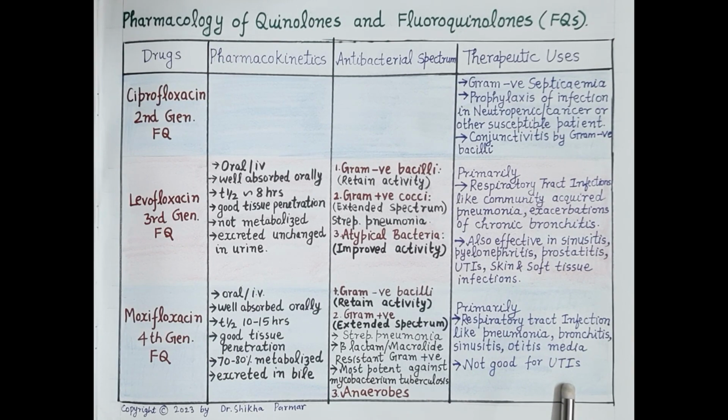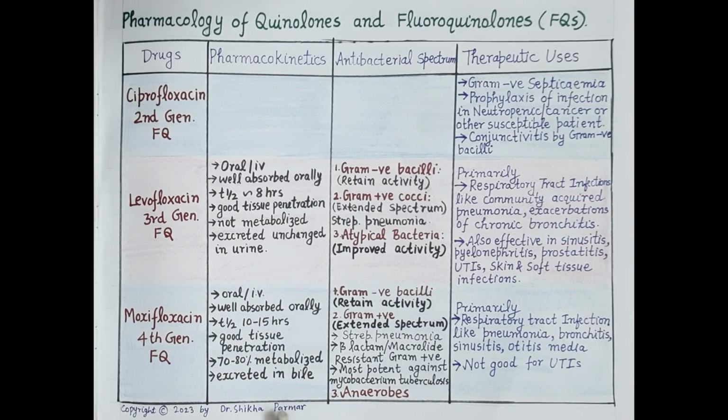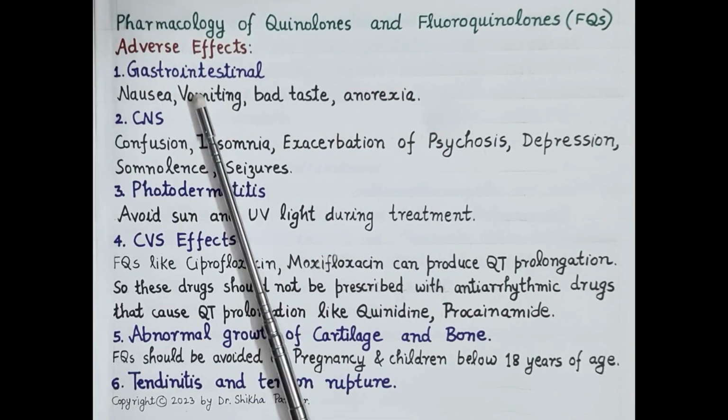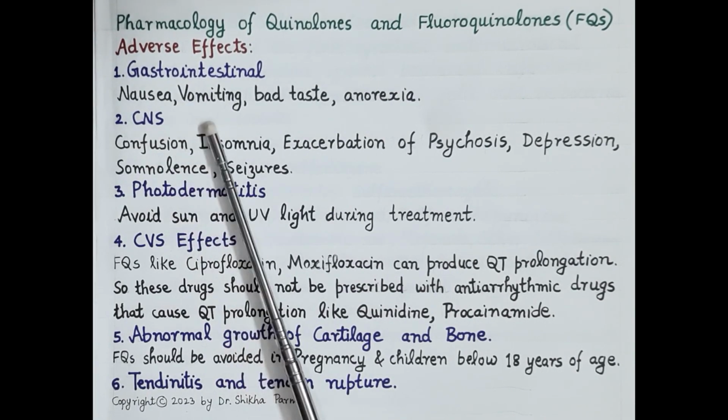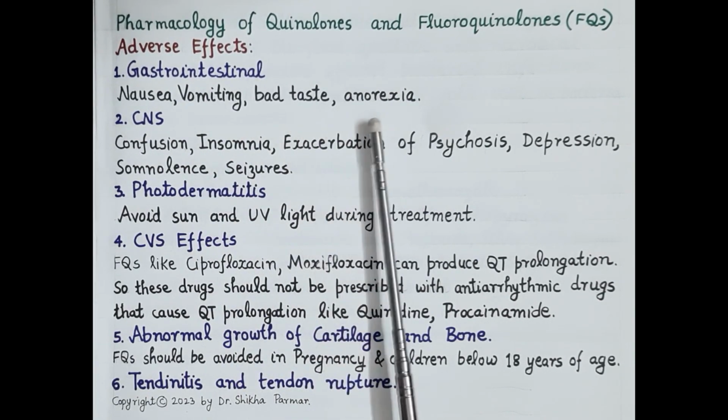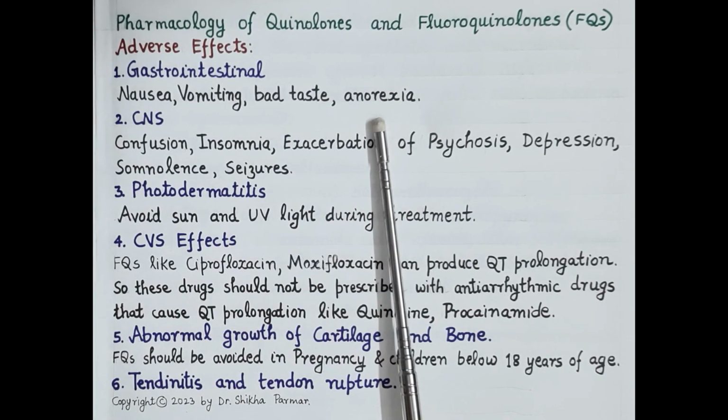So, after discussing the classification, mechanism of action, then antibacterial spectrum, pharmacokinetics, and uses of quinolones and fluoroquinolones, let's now discuss their adverse effects. Now, these antibiotics can cause gastrointestinal adverse effects like nausea, vomiting, bad taste, anorexia, that is loss of appetite.